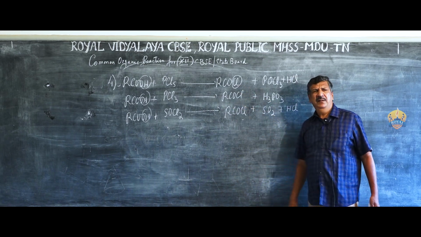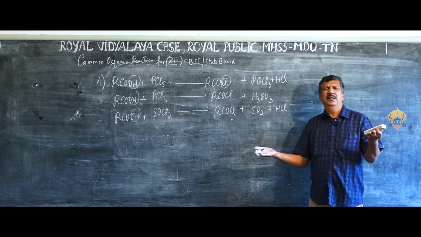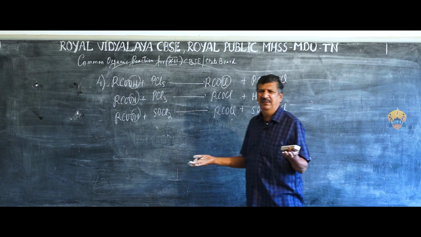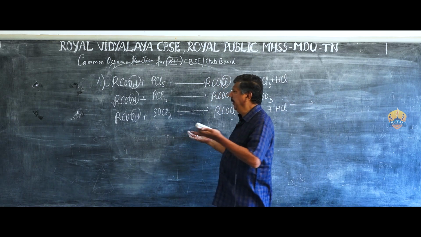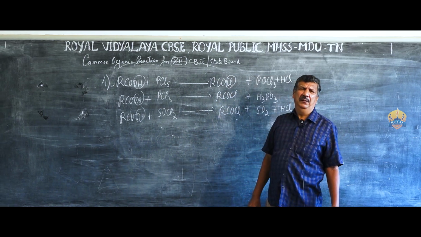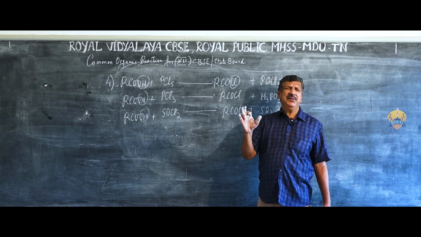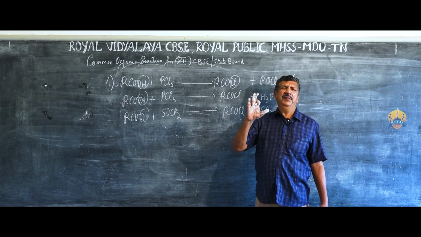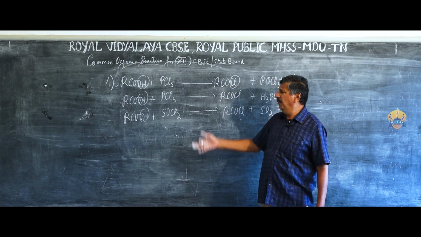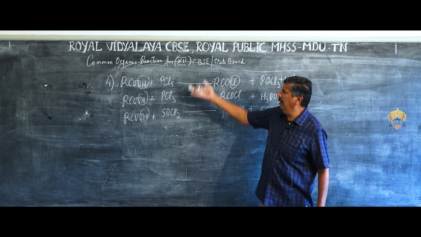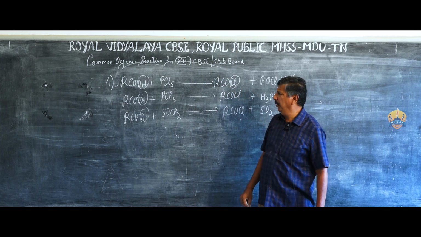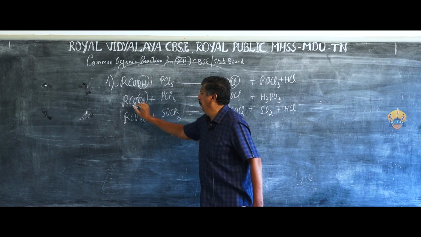These reactions you should not learn in the individual lesson. These are common reactions. You learn through common reactions. The rare reactions alone you should learn from the text. These common reactions you should learn as common reactions. The same way to balance.